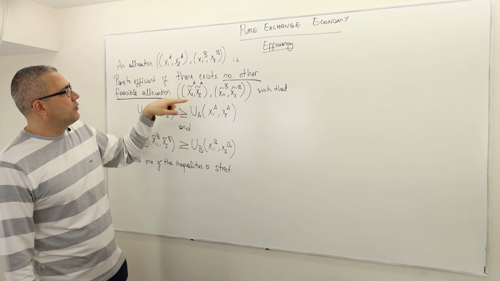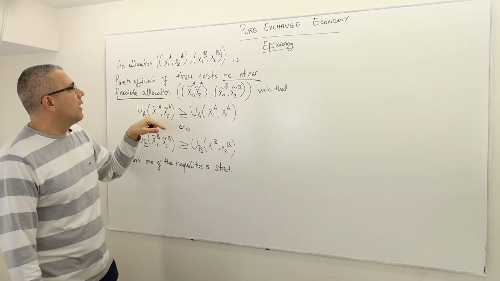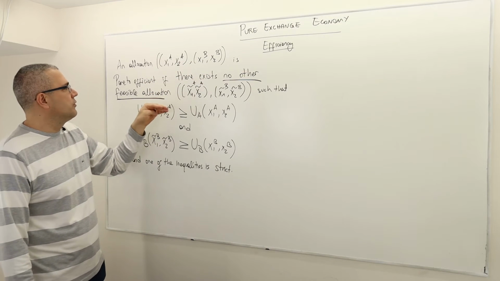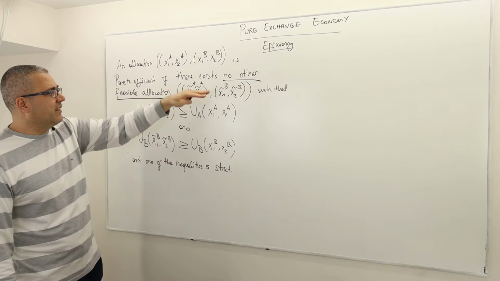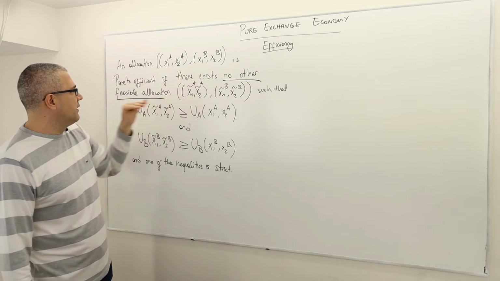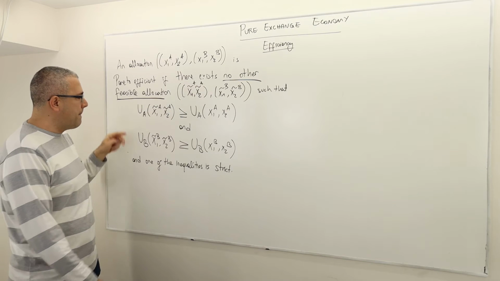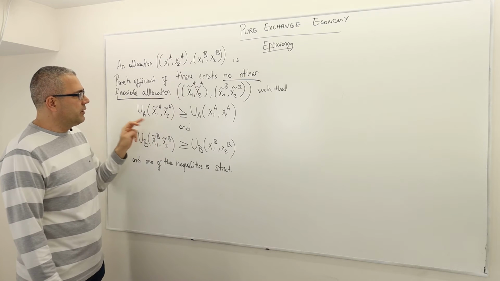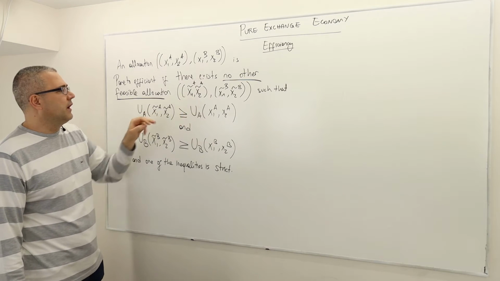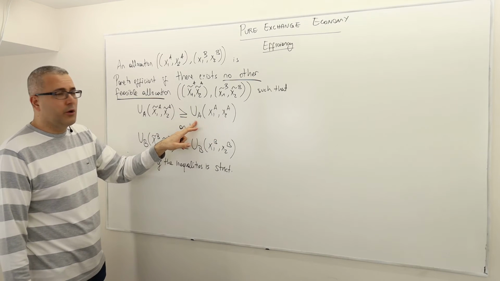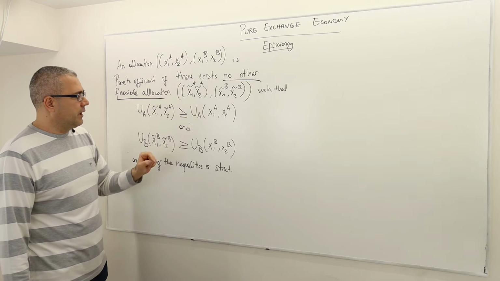So obviously this should be different than this one, because if they're the same, that means the agents are going to get exactly the same utility. So if there exists no other feasible allocation, so it must be feasible, such that agent A's utility in the second allocation is greater than or equal to his or her utility in the first allocation.